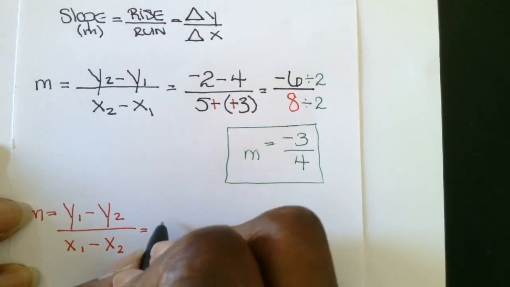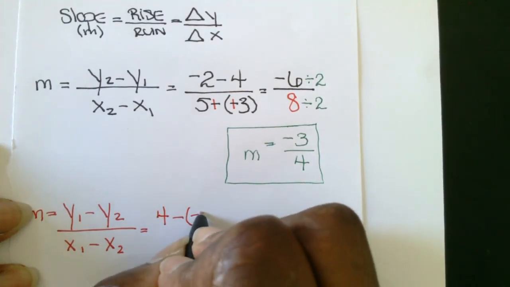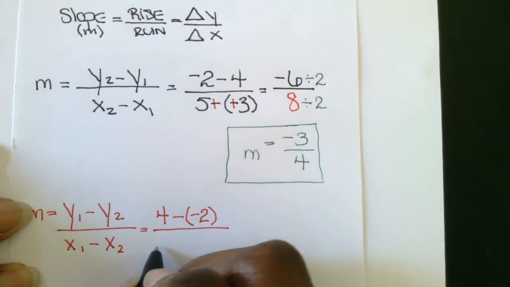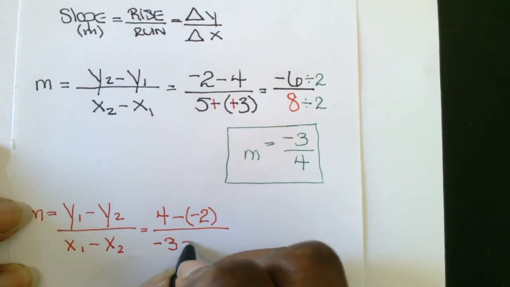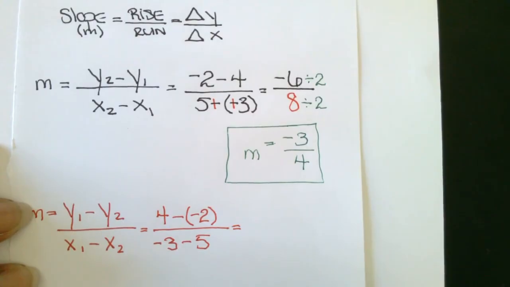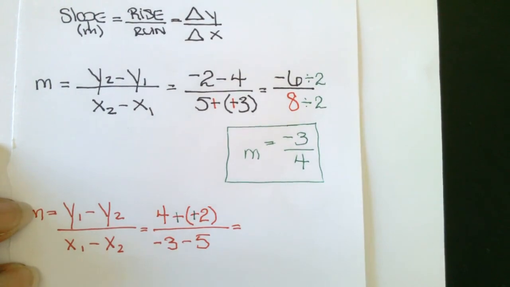Okay, so your y1 is 4, so you have 4 minus a -2. And then you have a -3 minus 5. When you minus a negative, just like we said earlier, it changes to a positive.